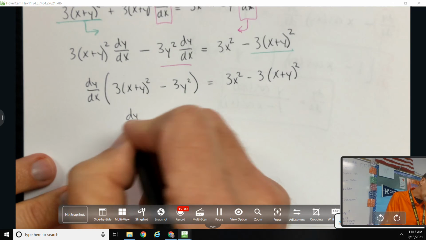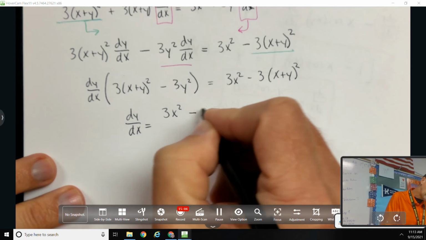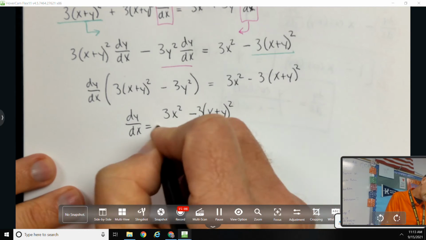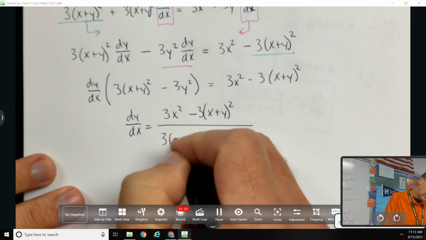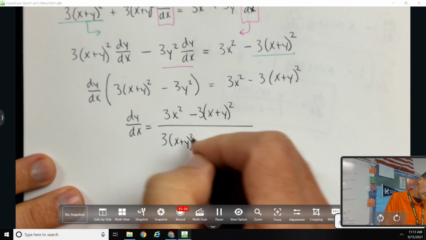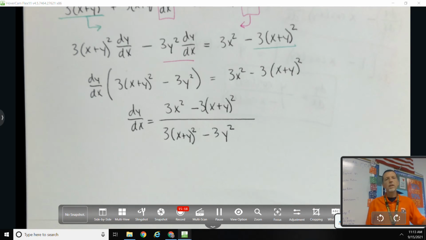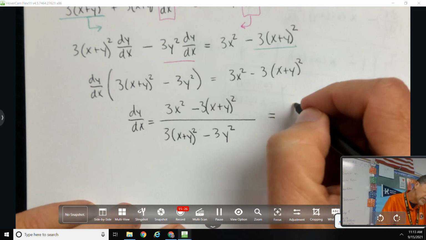Almost done. dy/dx then equals 3x squared minus 3 times (x plus y) squared, divided by all of that, 3 times (x plus y) squared. Yeah, but we didn't have to write dy/dx twice. That's a good sacrifice. That's the only thing I can do, really.